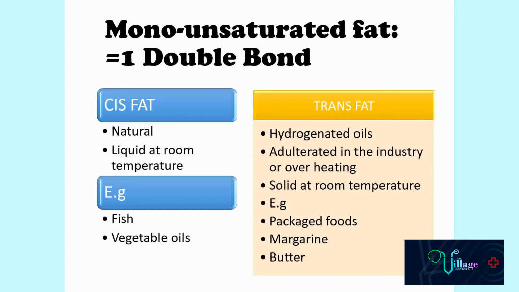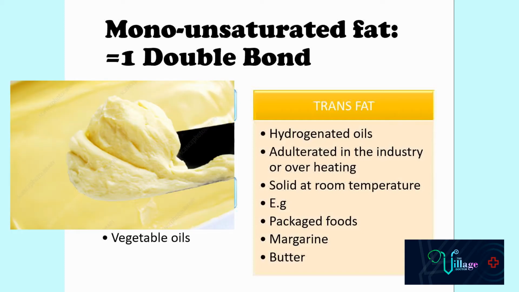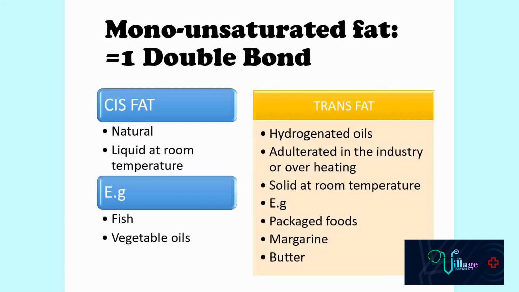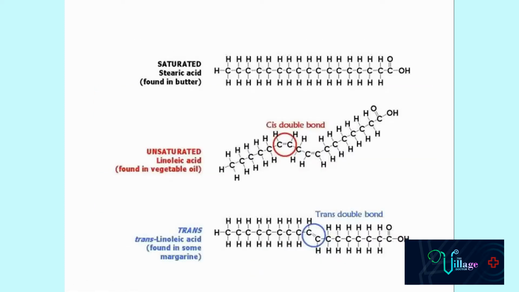Examples of where this is found are packaged foods, margarine, butter, biscuits, and frozen packed foods. You can always read the nutritional contents of packed food to see whether they say it has hydrogenated oils. Of course, because this is widely known to be as bad as saturated fat, some manufacturers may fraudulently refuse to disclose that this is contained in their food.